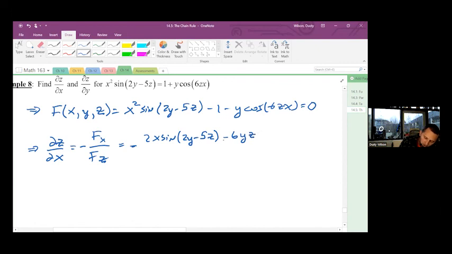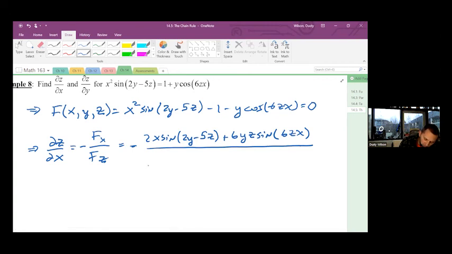Derivative of cosine is negative sine, so it'll be a plus sine 6zx, divided by the partial derivative of f with respect to z.